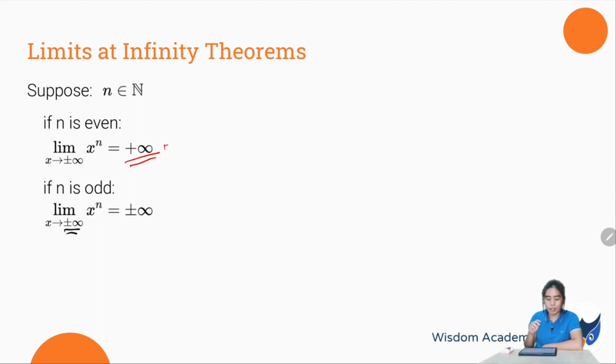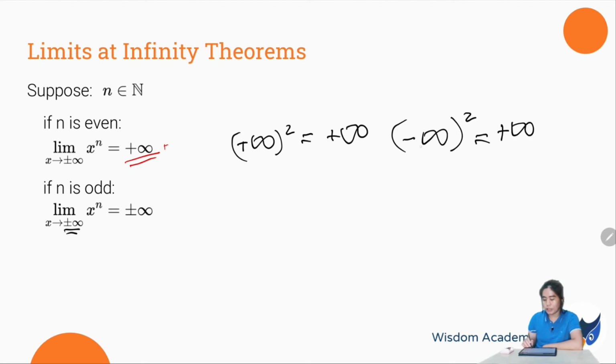If we are finding the limit as x approaches positive infinity, the result will be positive infinity. If we approach negative infinity, the answer will be negative infinity. So, that's all there is to it. If we do direct substitution, for example, positive infinity raised to 2 is positive infinity. And for negative infinity raised to 2, it is also positive infinity, since when the exponent is even, the result becomes positive. And when it is odd, whatever sign you put in is the sign that comes out.